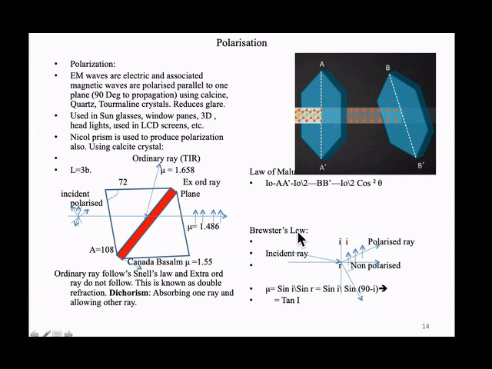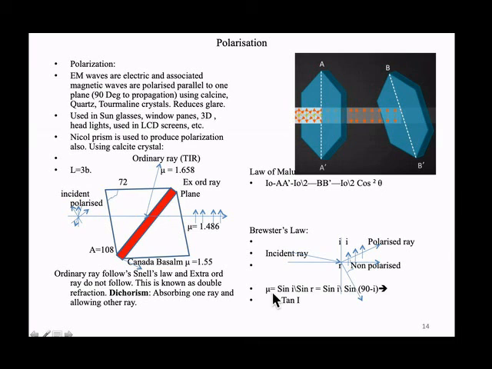Brewster's law. What did Brewster say? Suppose an incident ray is converted into a reflected ray and a refracted ray, and if the angle between the reflected and refracted rays is 90 degrees, then it is observed that the reflected ray is plane polarized. So that means this is 90.